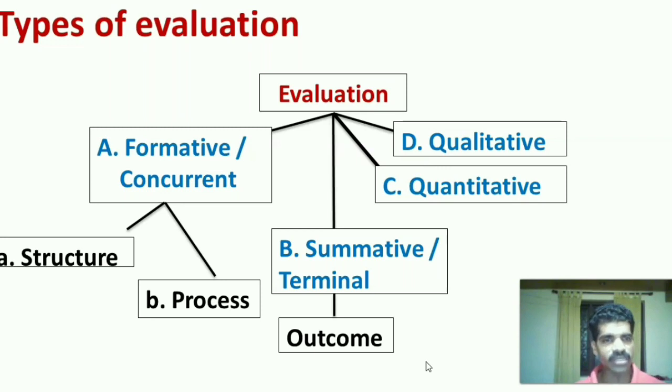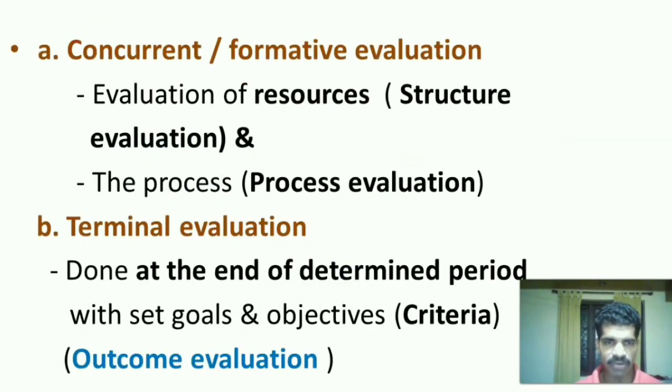Let us discuss what is formative and summative evaluation. So concurrent or formative evaluation includes the structure evaluation and the process evaluation. Structure evaluation means evaluation of the resources, infrastructure, money and material. The process evaluation includes the evaluation of the activities, skilled nursing practices.